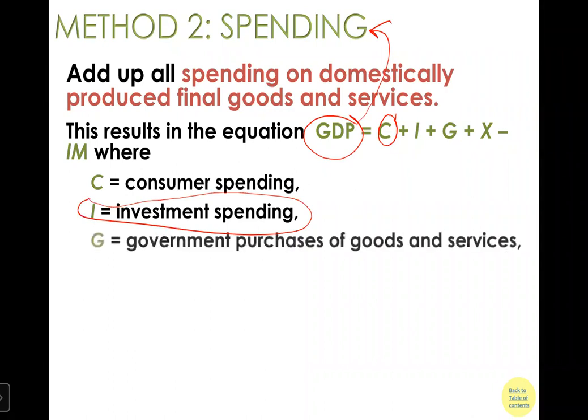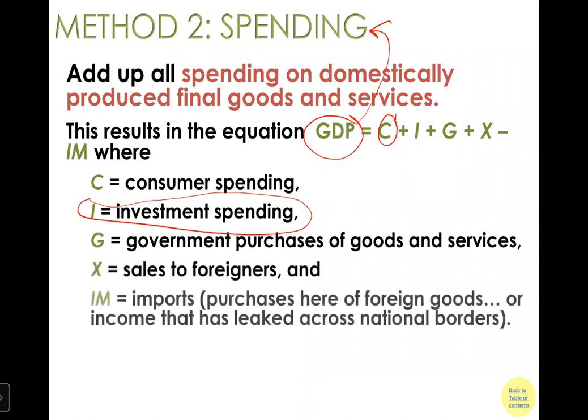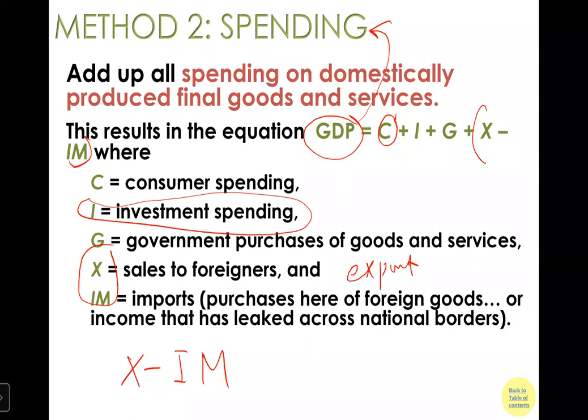And then we have government purchase of goods and service, right? And then lastly, we have X minus IM. So we usually put these together. So X minus IM. X is export. It's produced by us domestically, but then we sold to foreigners or consumed by foreigners.